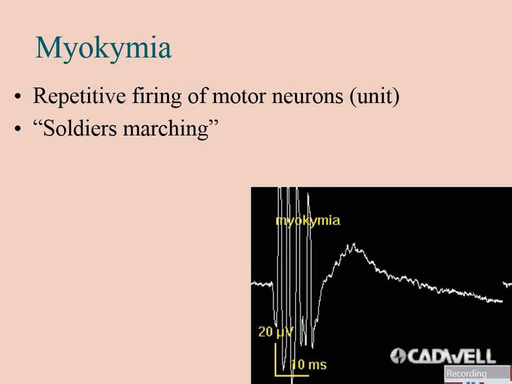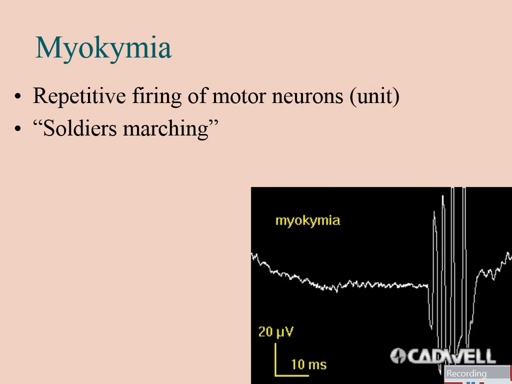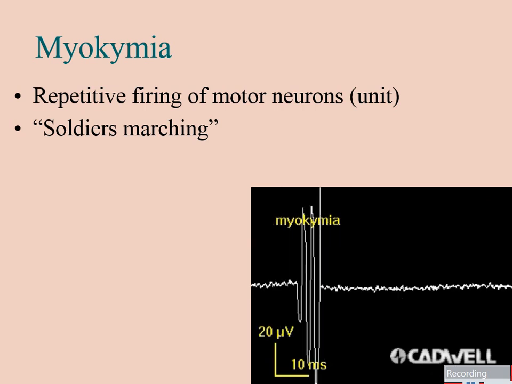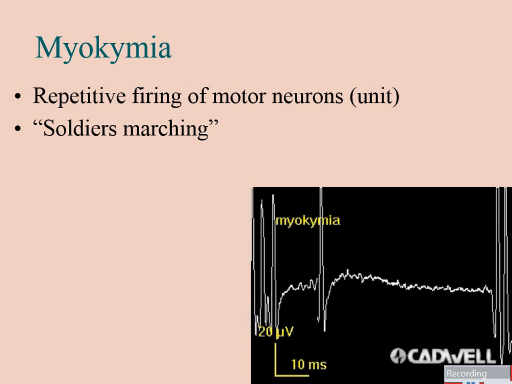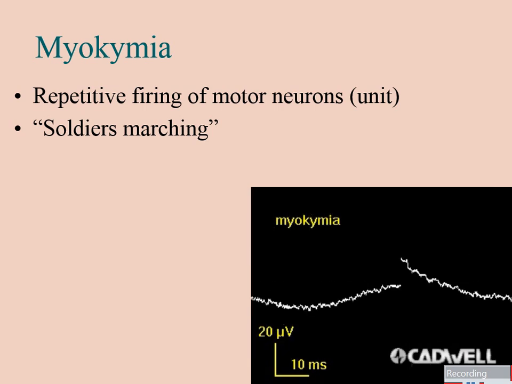So you've got usually 2, 3, 4, 5, 6 motor units all firing synchronously. And the way they describe the sound is soldiers marching, because they have this fairly repeatable firing of groups of neurons. So it's kind of this kind of sound. And these are usually problems with the ion channels, either in the axon.